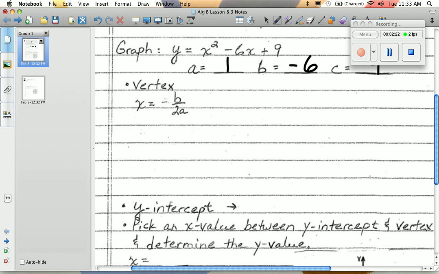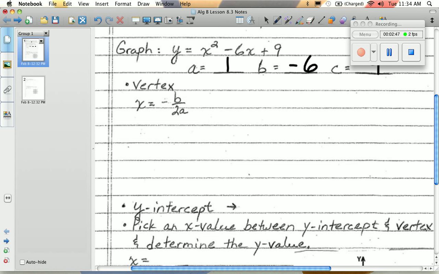And what point on the parabola will the axis of symmetry always go through? What's that point called where the parabola makes its turn, you guys? The vertex. So the axis of symmetry always goes through the vertex. So if we find the axis of symmetry, it's going to go right through that vertex.